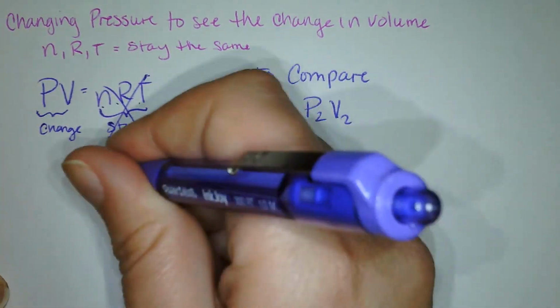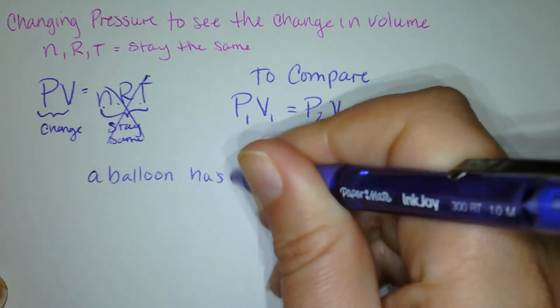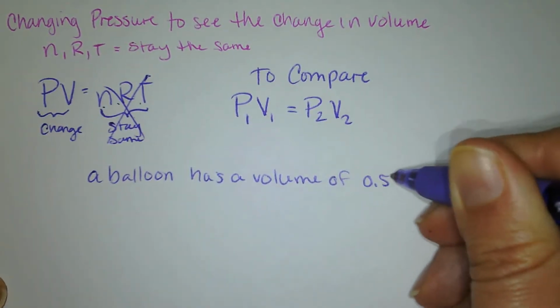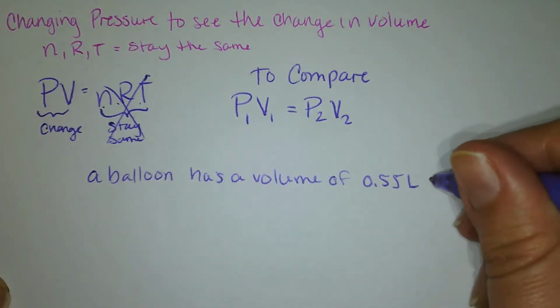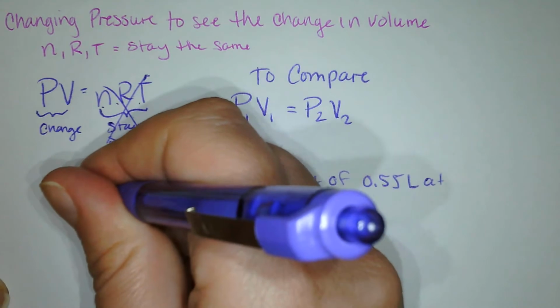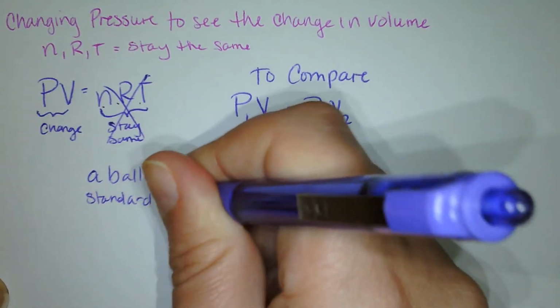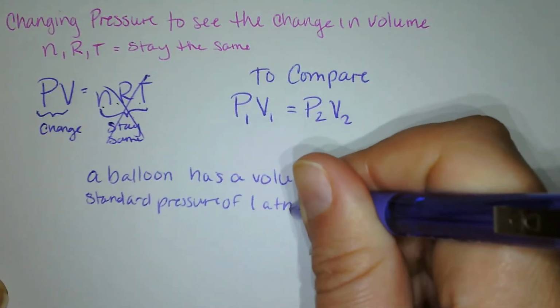A balloon has a volume of 0.55 liters at standard pressure of 1 atmosphere.